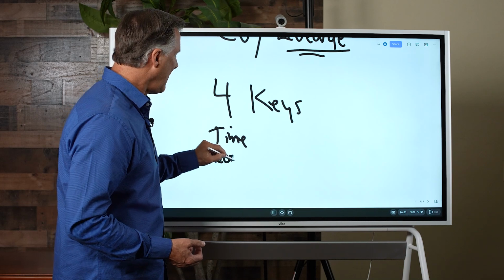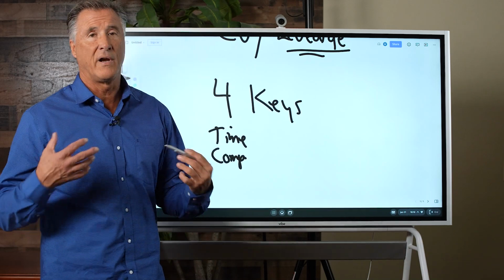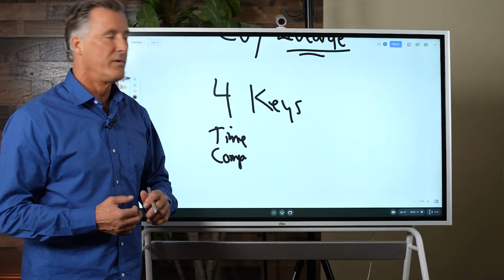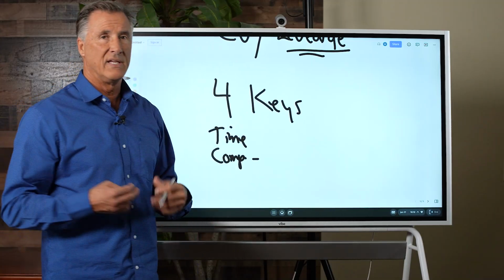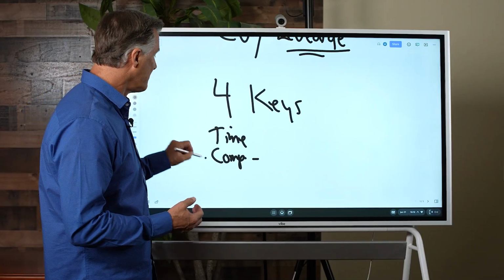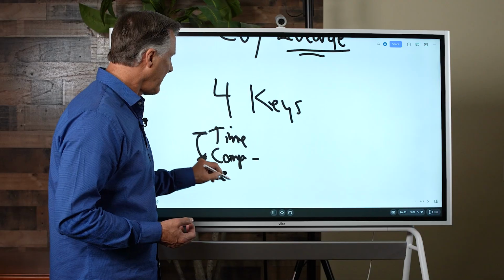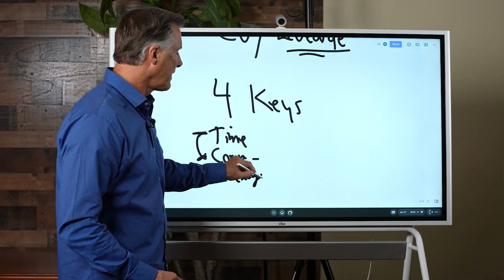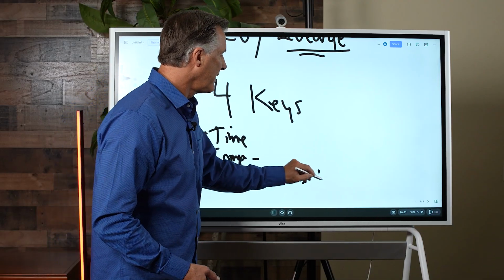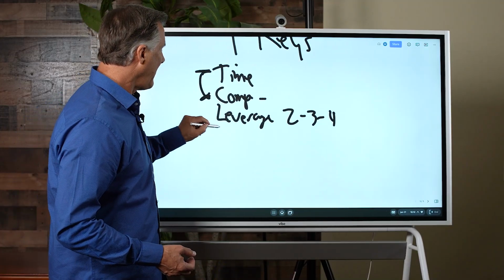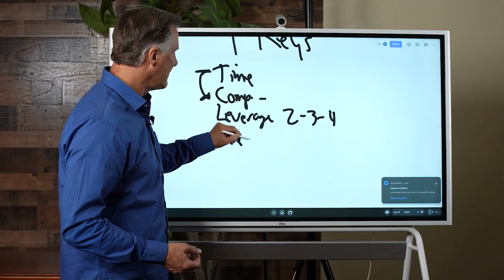We talk about compounding, which is incredibly important. It's Einstein's eighth wonder of the world, and we want to compound for as much time as we possibly can. Then we want to leverage it so we get the same dollar working 2, 3, 4 times as we go along.